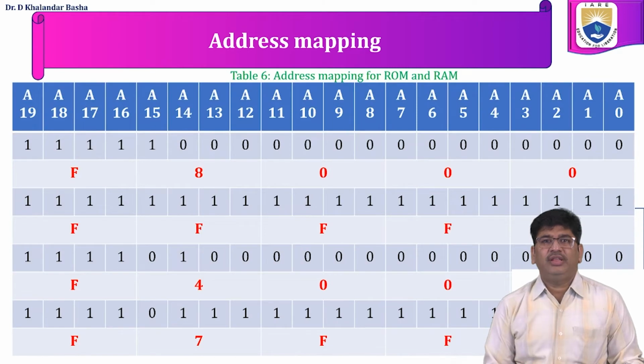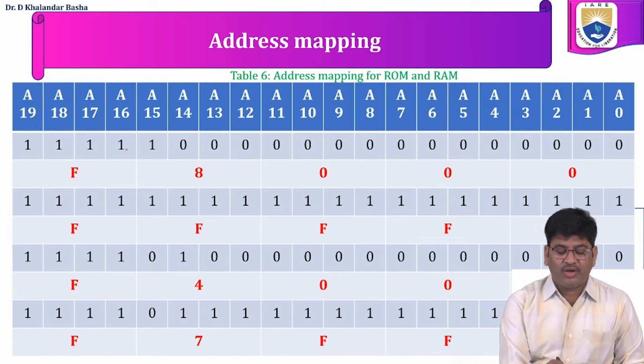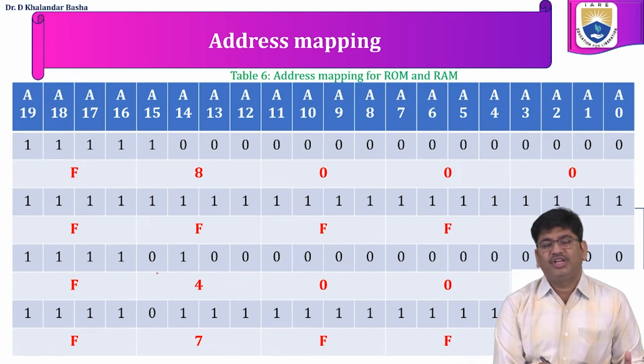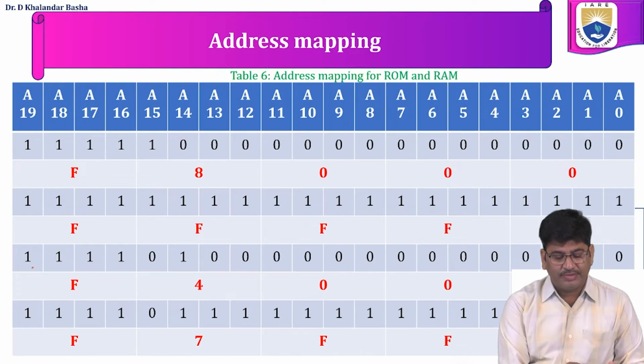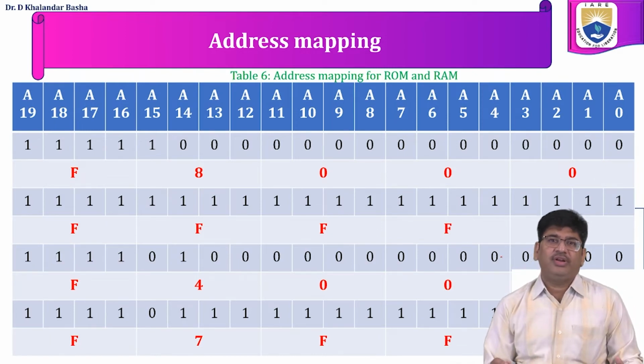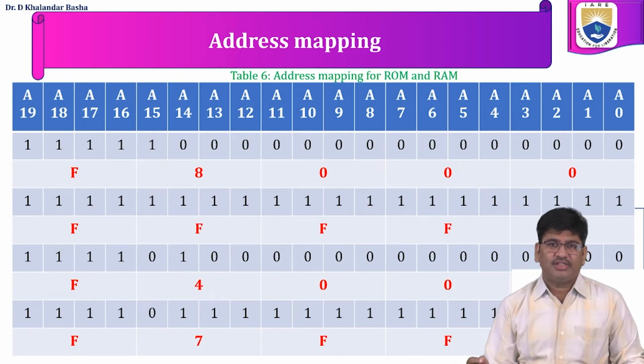By giving the address as 1111 for the ROM block, how about RAM? For RAM, out of the 16 combinations, we can give any combination. For getting a continuous memory location, I am selecting all the bits as 1111 here also. Whenever consecutive memory locations are assigned for ROM and RAM, the access of the memory will be at a faster rate compared to different memory locations.